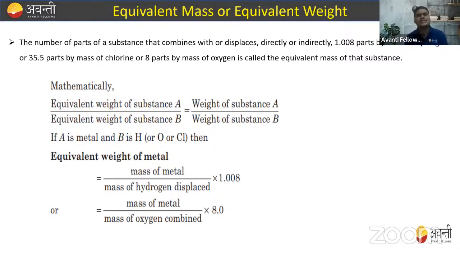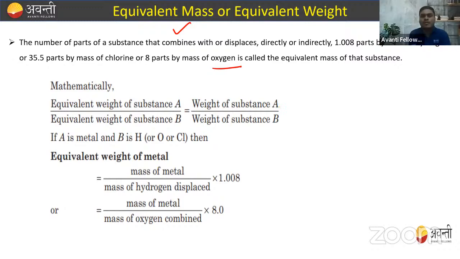So what is equivalent mass? First of all, so basically the number of parts of the substance that combine or displace. ठीक है, ध्यान से सुनना. The number of parts of substance that combine with or displace directly or indirectly 1.008 parts by mass of hydrogen or 35.5 parts by mass of chlorine, or we say 8 parts by mass of oxygen is called equivalent mass of that substance.